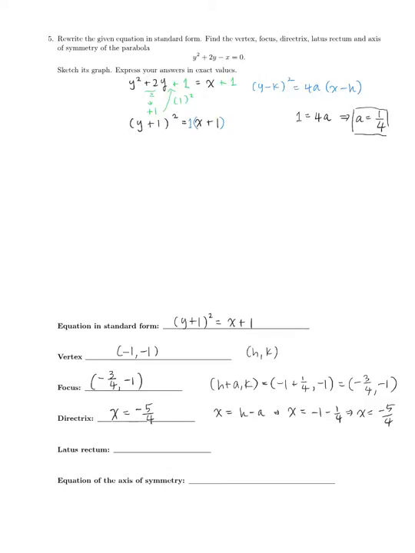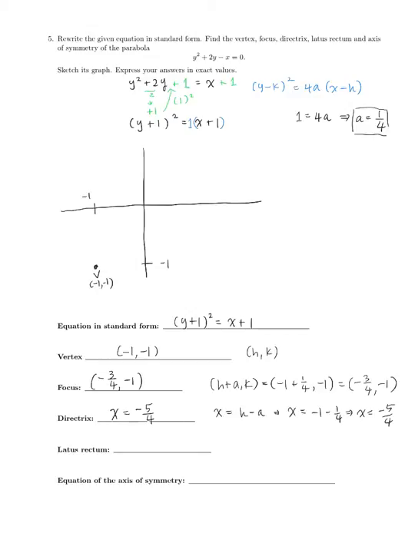-5/4. Okay, so before trying to find out what the latus rectums are, let me just sketch the parabola and see what's going on. Here's our (-1, -1), and here's our vertex.